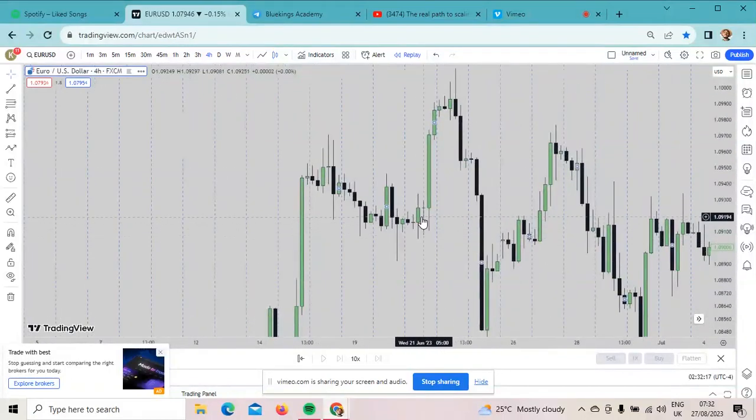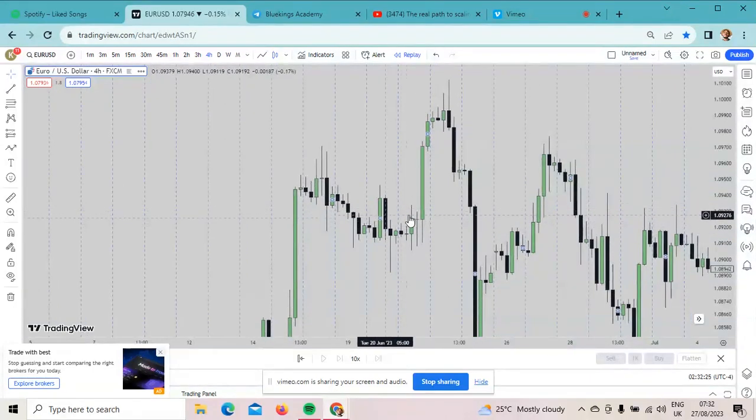Okay. This is the 21st, which is this day. Can you see that the market did not react from anything bearish? Everything is bullish on this time frame. As you can see, previous lows were run, another low was run here.